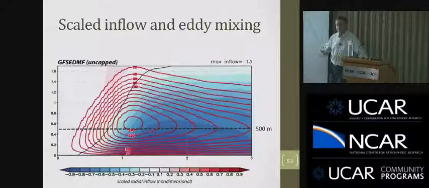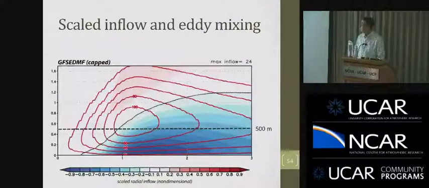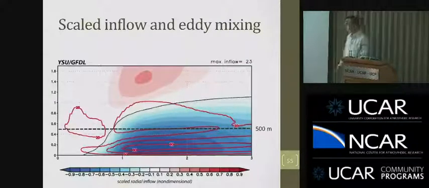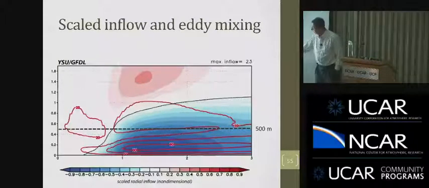So the very strong mixing produces a boundary layer that is really deep. It has very little wind shear because the inflow is also weak. Okay? So this is what is being used operationally. This is what YSU does. Okay? So notice that the mixing is much smaller and the mixing is concentrated much closer to the sea surface.